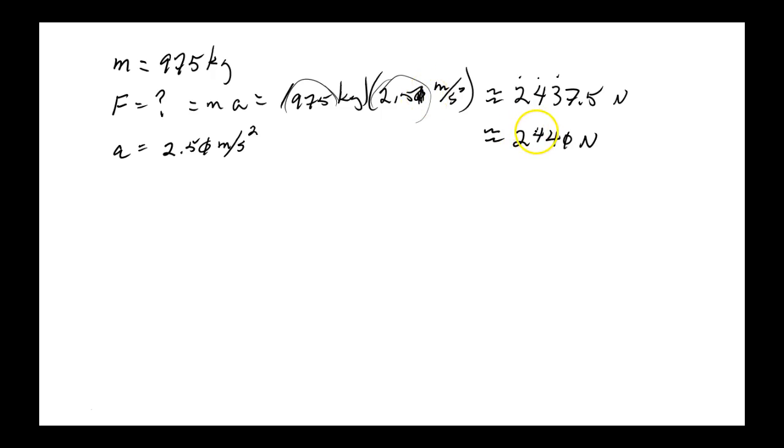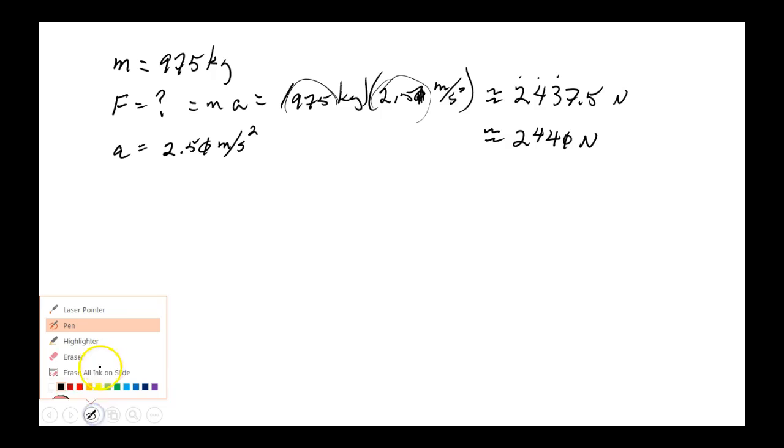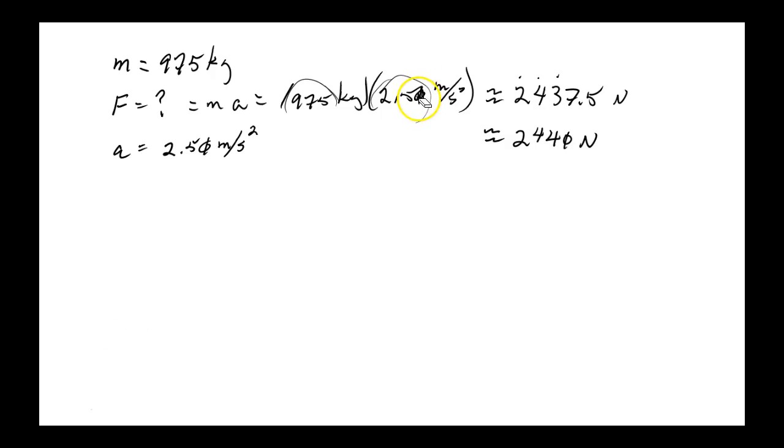Then you would have said 2,400 newtons. Because the 0 was there, zeros after a decimal point are significant. Zeros before a decimal point typically are not. Good deal. Any other questions? Good question, by the way. Excellent question.